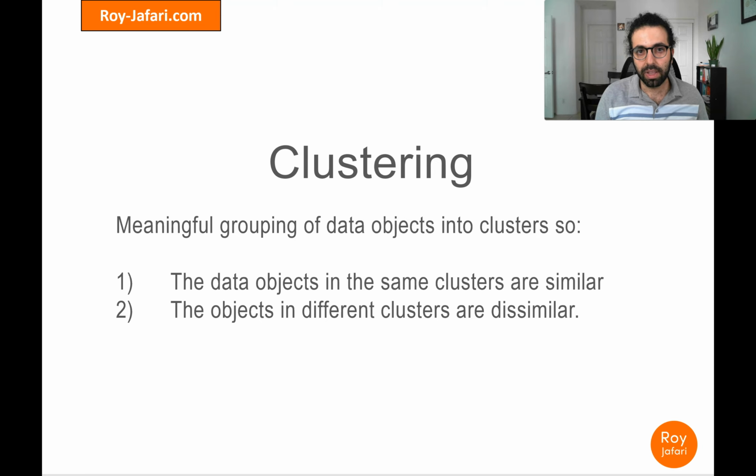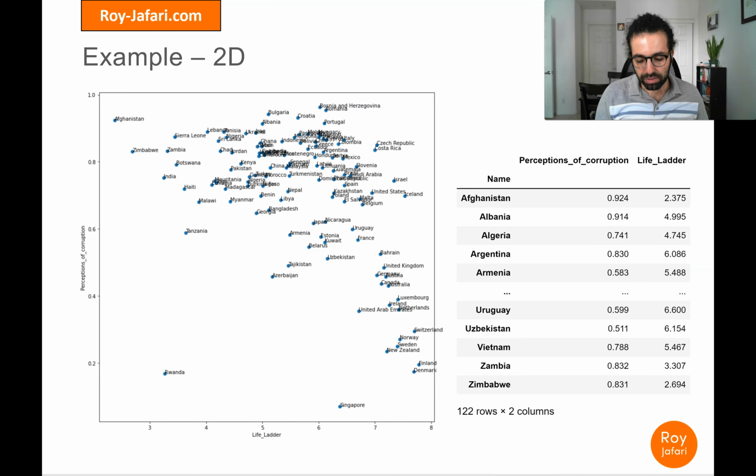And you can see here we don't have a dependent attribute to try to predict or classify, and that's why we call this agenda an unsupervised one. So we saw this example of 122 countries, and we were trying to cluster them using two attributes: perception of corruption and life ladder.